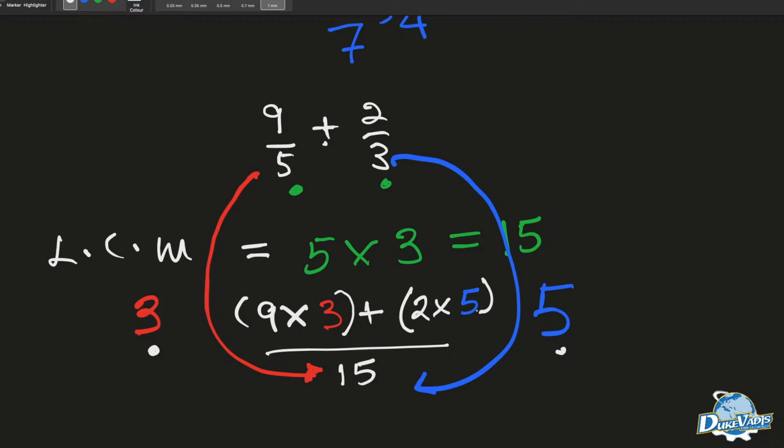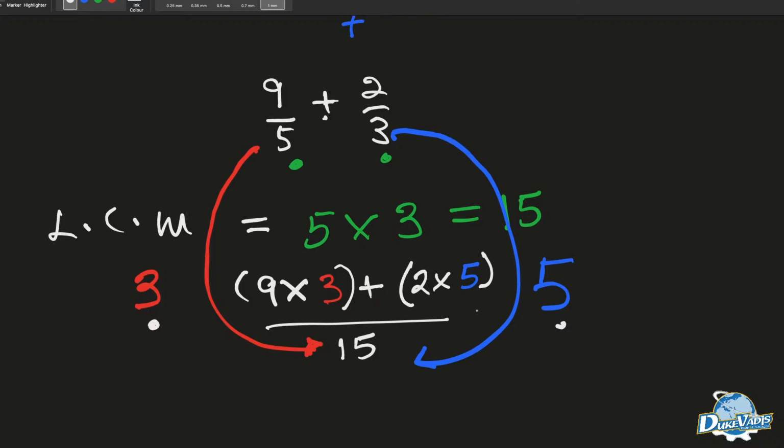This is how we do fractions. 5 goes into 15 3 times, and 3 goes into 15 5 times. When we simplify this, we get 3 times 9, which is 27, plus 2 times 5, which is 10, all over 15, and this will be 37 over 15.